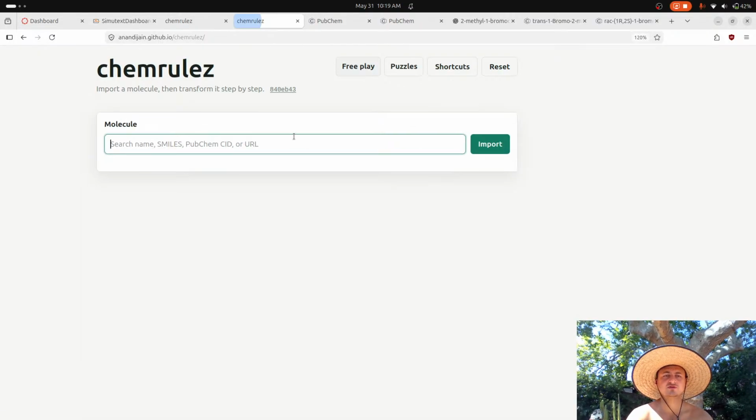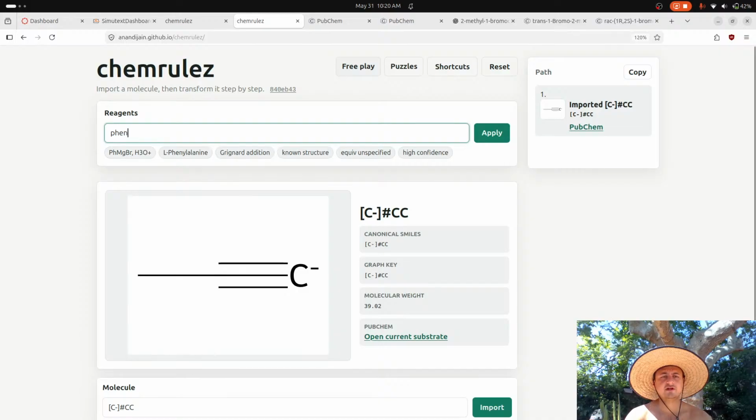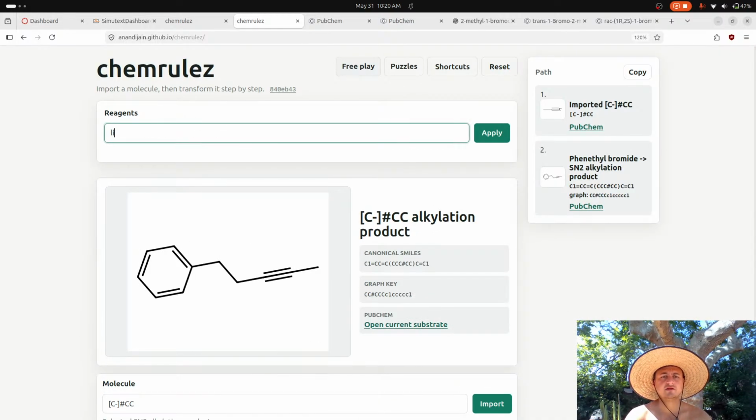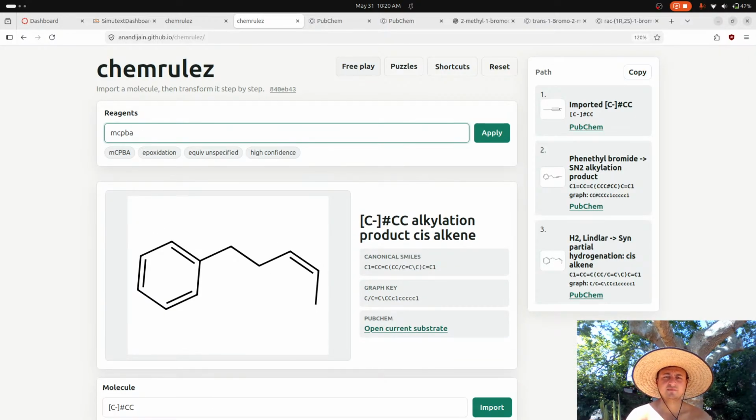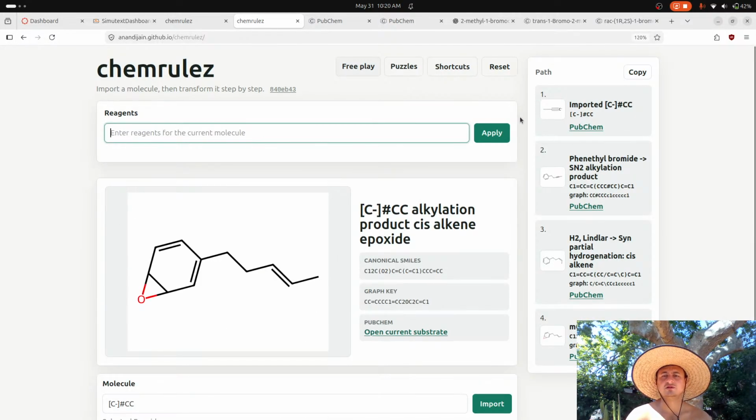So we have to go back to C minus hash CC, then phenethyl bromide, then Lindlar, then mCPBA. And that is the minimal issue.